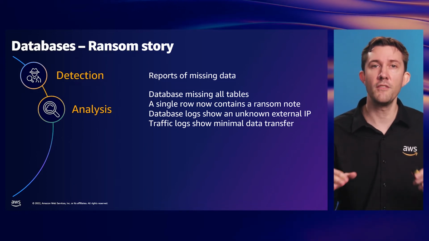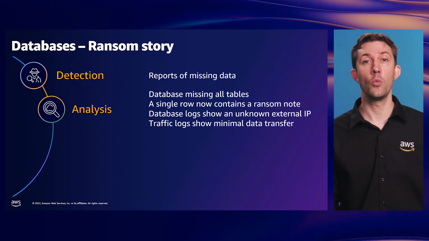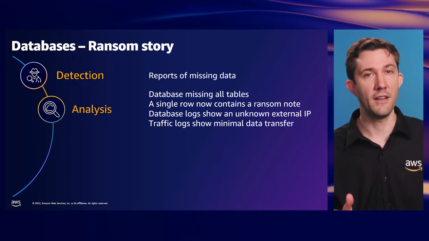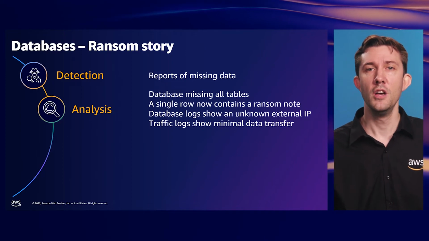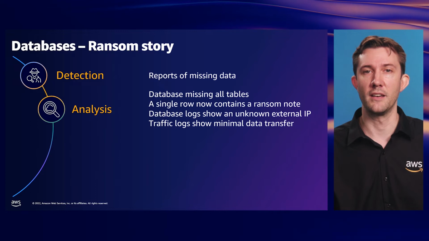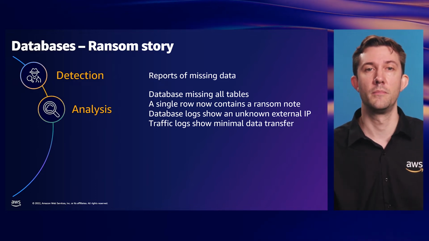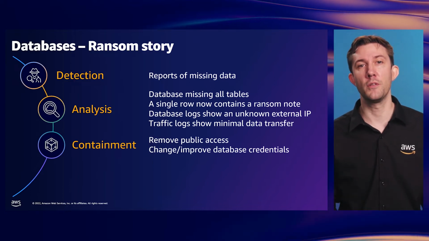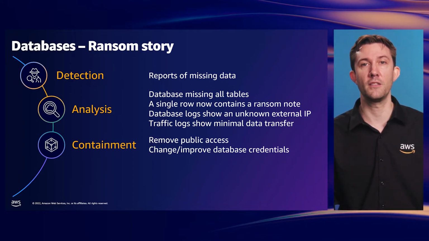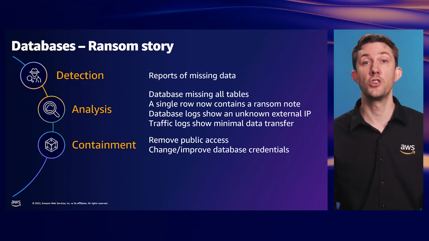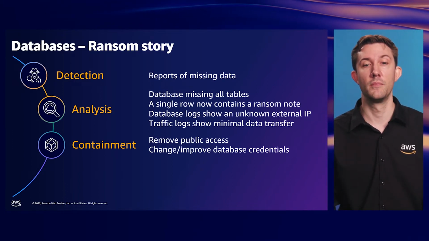So she dives into the logs, looking to discover whether the attacker actually did steal data or not. Thankfully, the VPC flow logs show that the data transfer volumes are nowhere near the quantity of data that was stored in the database. Having completed her initial analysis, Jane now removes the mistaken public access from the database security group and changes the compromised database credentials to prevent any further access.